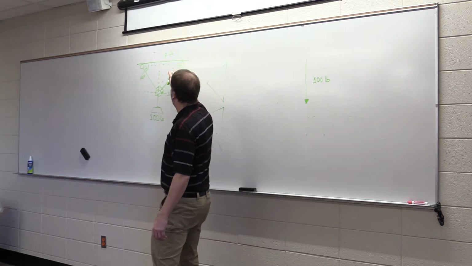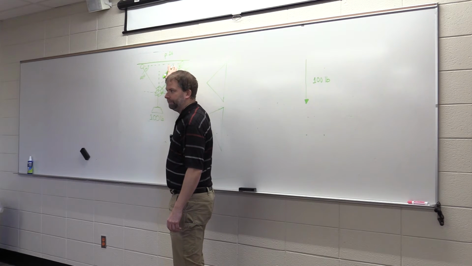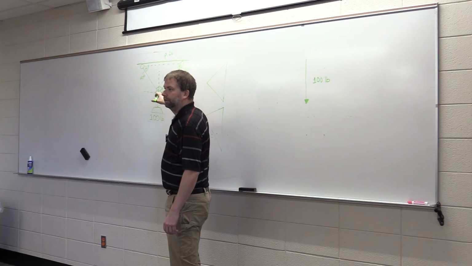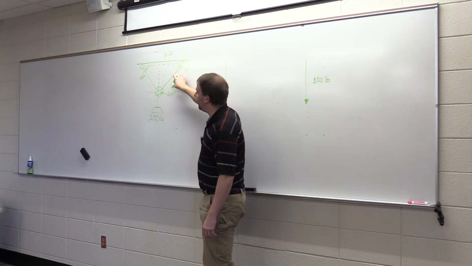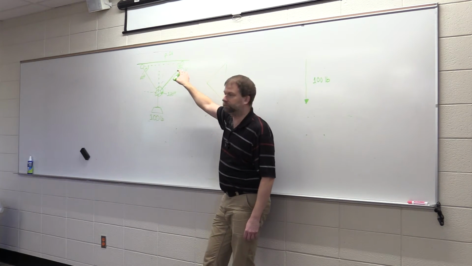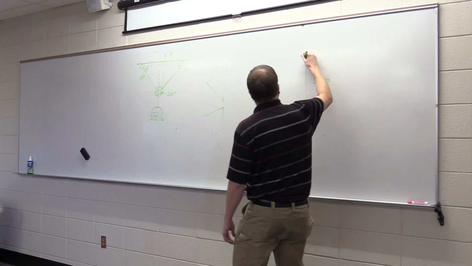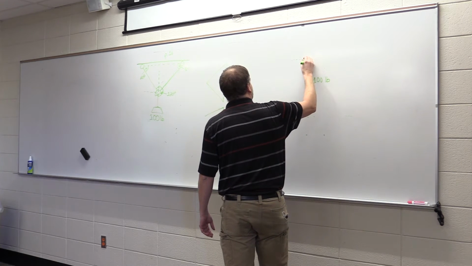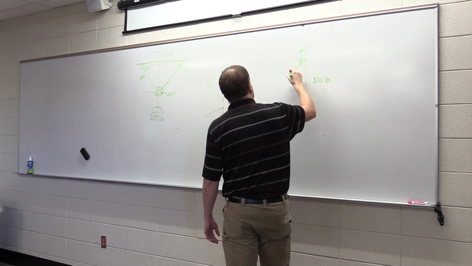We know how they're oriented, right? With respect to what? The horizontal or the vertical? With respect to the horizontal, right? We know that the force acting here is going to act 30 degrees from the horizontal. So let's start right here, and we'll put our force in.